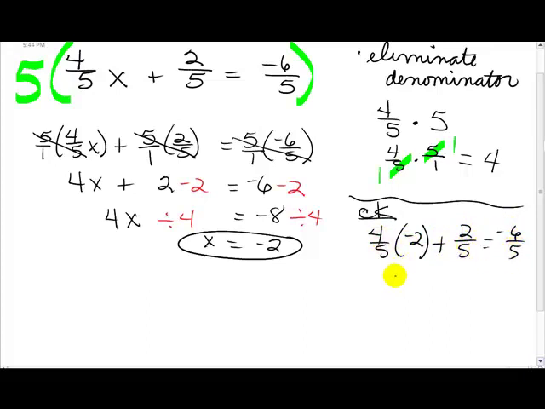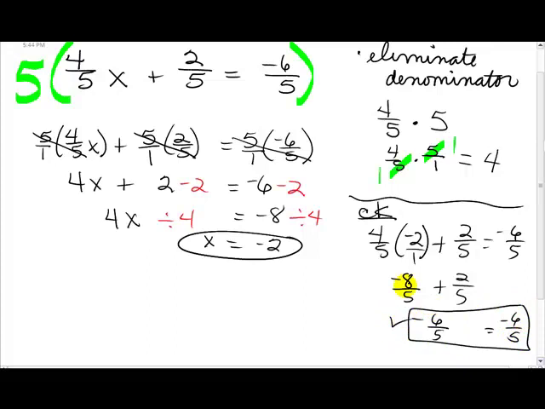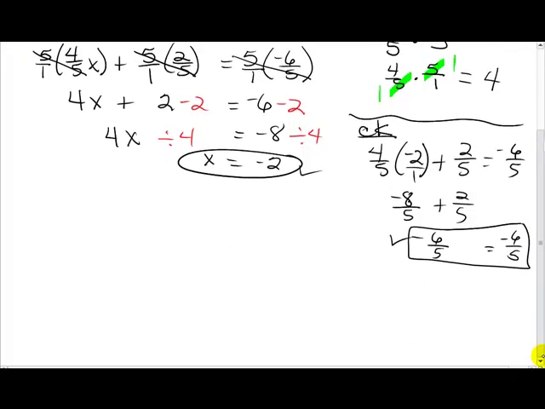This would give me negative 8/5, because that again is over 1. Signs are different, so I subtract and I take the sign of the larger number, and we have something that equals. So then I know that this answer is correct. Eliminating the denominator. Let's look at another one.